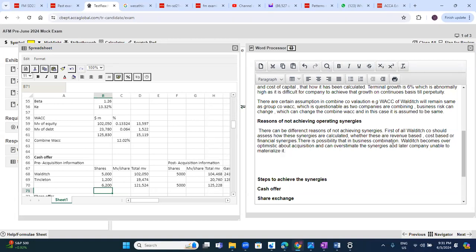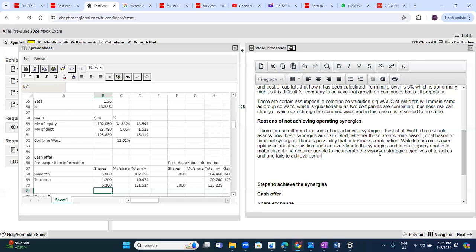Okay. Another, the acquirer is unable to incorporate the vision or strategic objectives of target company and fails to achieve benefit. Why are you acquiring the other company? In this case, you are acquiring the other company because of the technology, because of the innovative methods that company is using.